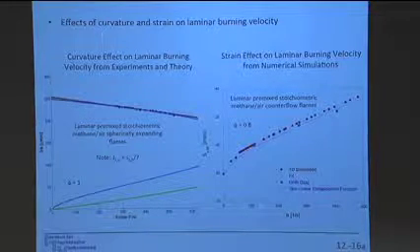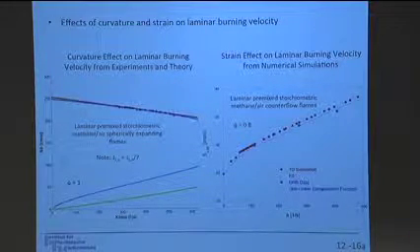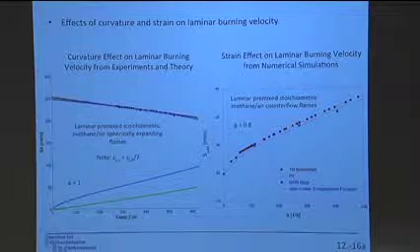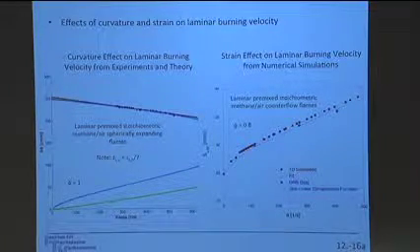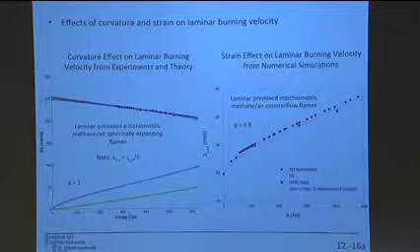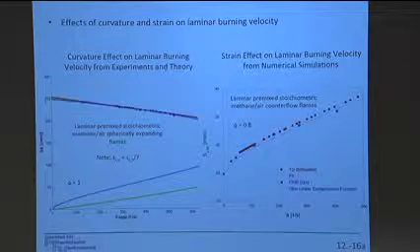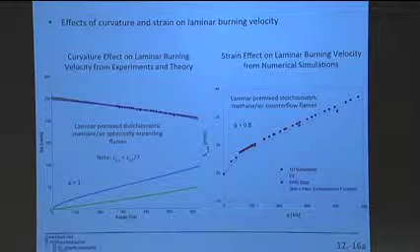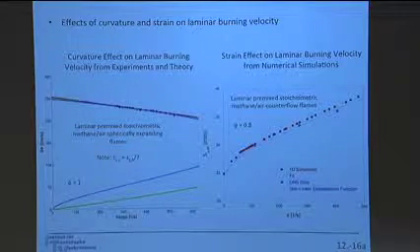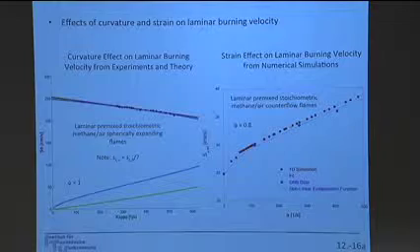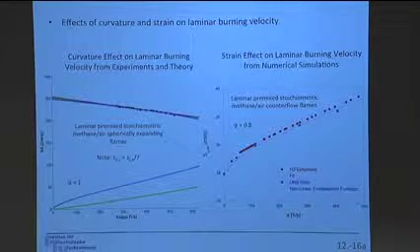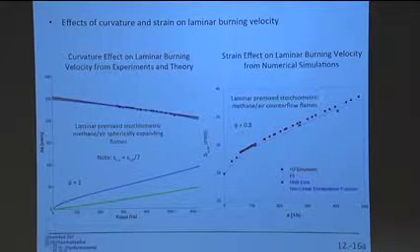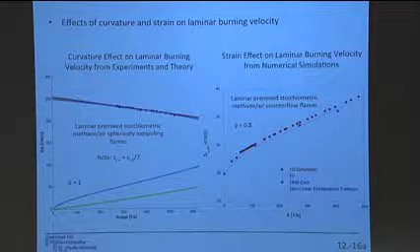What you see here is 250, and for this particular case this is about 50. So you see, 50 out of 250, 20%. It changes the burning speed by 20%. Here it goes from like 25 to 35 over this range, and again, about the same thing. So it's not a huge change. That's what I want to say.